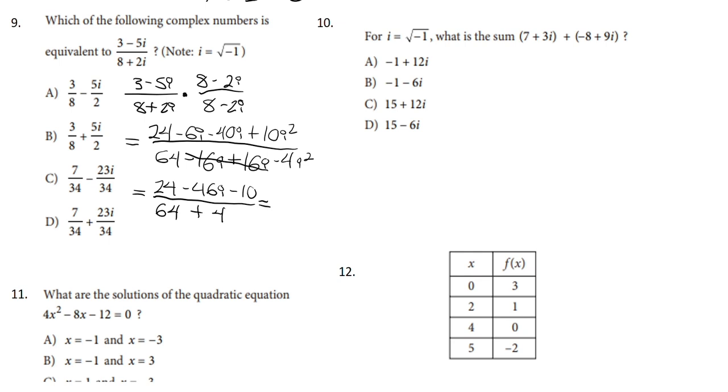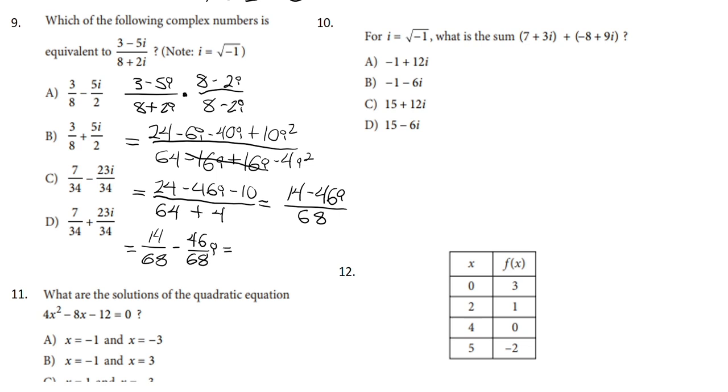Next, we're going to combine like terms on the top. 24 minus 10 is 14. Minus 46i all over 64 plus 4 is 68. The last step is to separate the fraction. We're going to get 14 over 68 minus 46 over 68i.